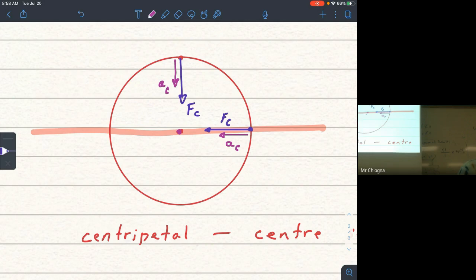At the very bottom here, same idea. That's your AC, always pointed towards the center. That's what causes the car to move in a circle. At each point, it will move in a circular path.